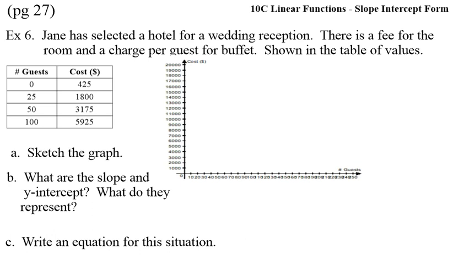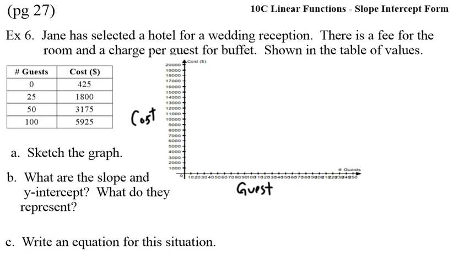Page 27. Jane has selected a hotel for a wedding reception. There is a fee for the room and a charge per guest for the buffet. There's your table of values. If you graph this, it's a little tricky because it's a pretty small scale. But here's your guests, there's your independent variable, and the cost is dependent on the number of guests.